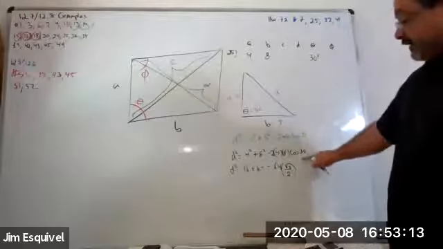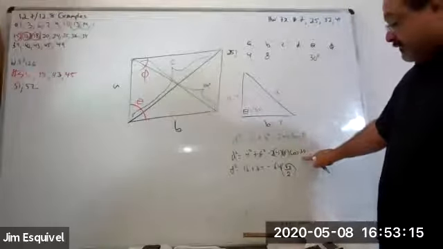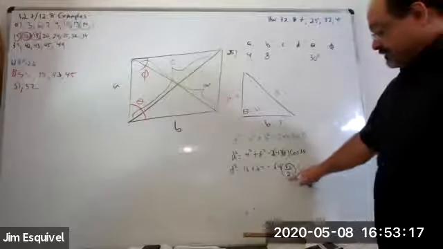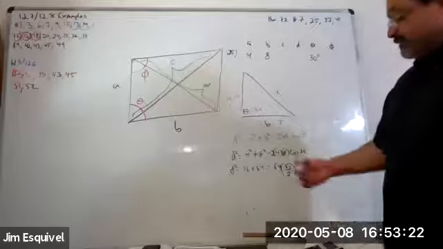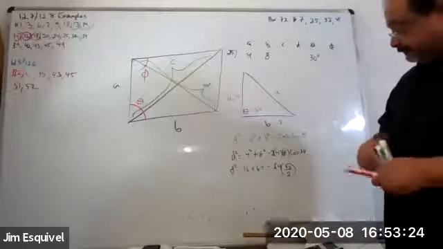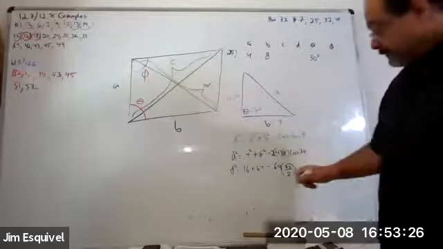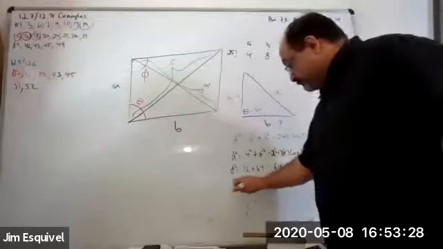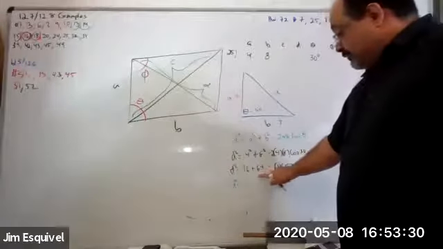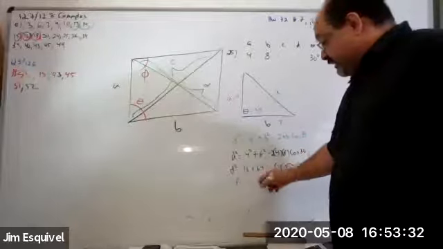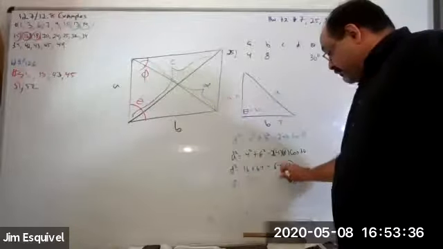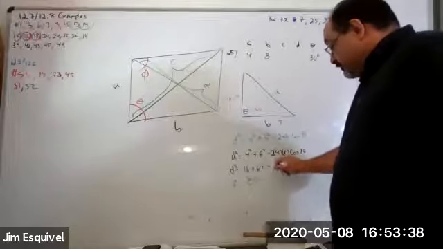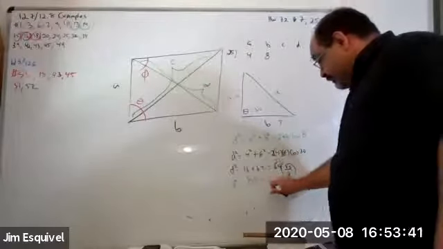Anytime you're given our special angles, I would always use exact value. We can always convert it to decimal when we need to. So D squared is equal to 16 and 64 is 80 minus, 2 goes into 64 32 times, 32 square root 3.